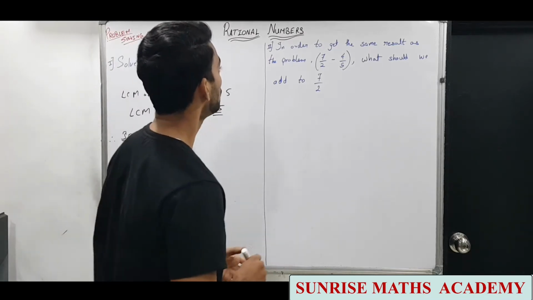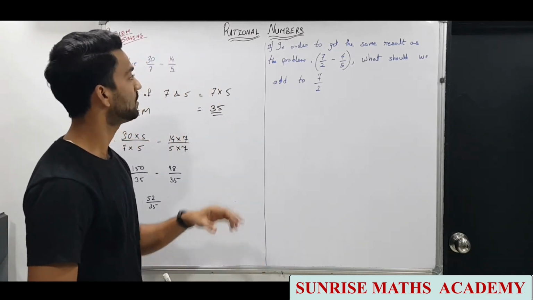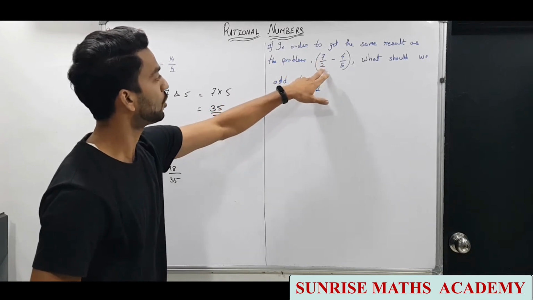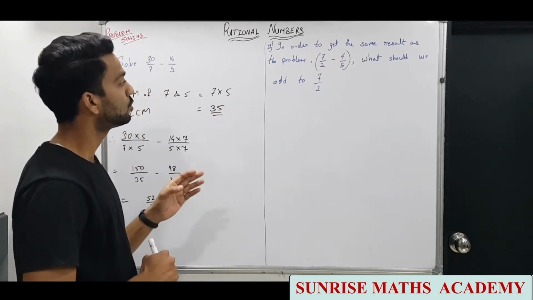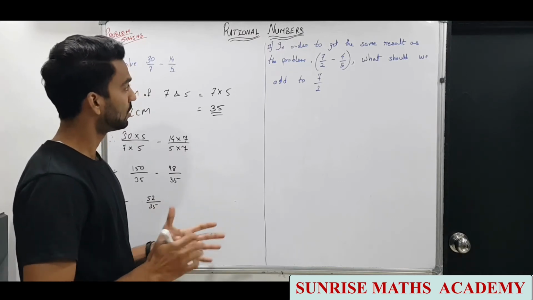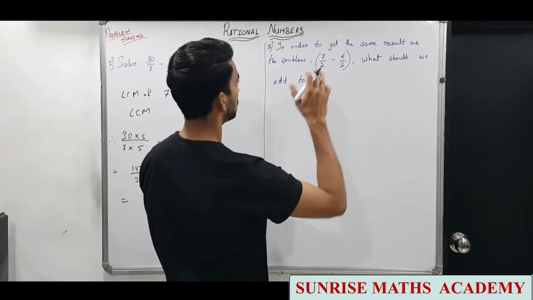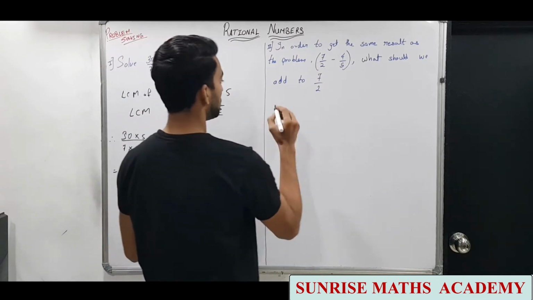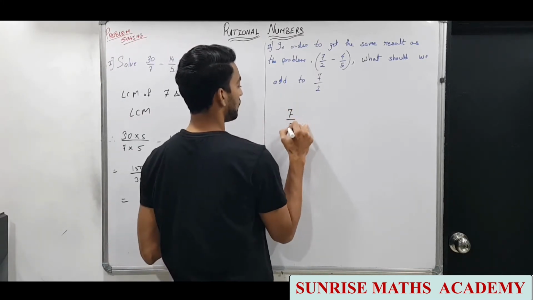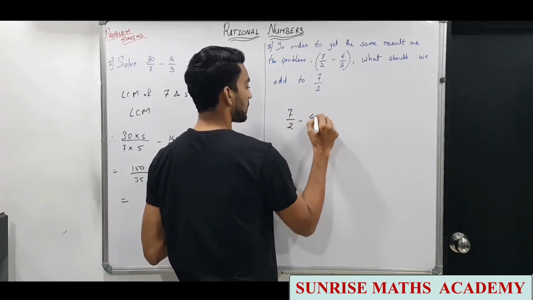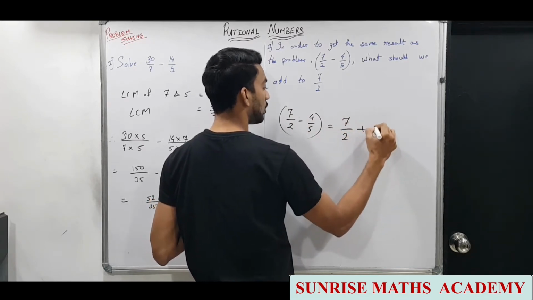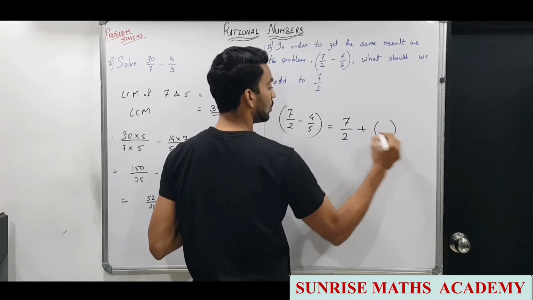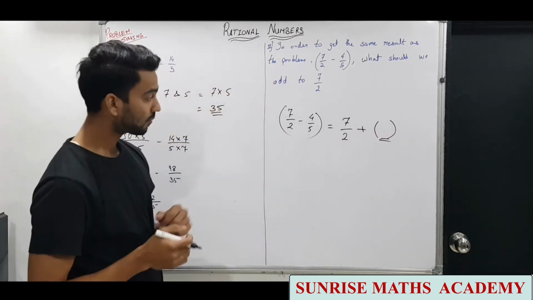Next one. In order to get the same result as the problem 7 upon 2 minus 4 upon 5, what should we add to 7 upon 2? Now it is simple. The question is given in a slightly twisted way, but here it is only asked that if we are having this question here, what should we add to 7 upon 2 to get this value?